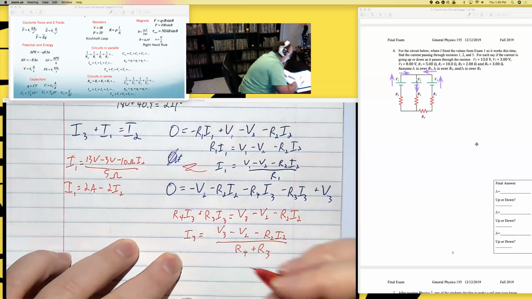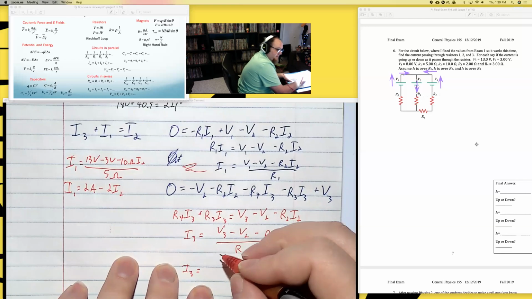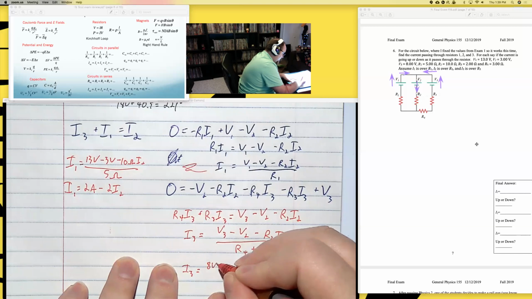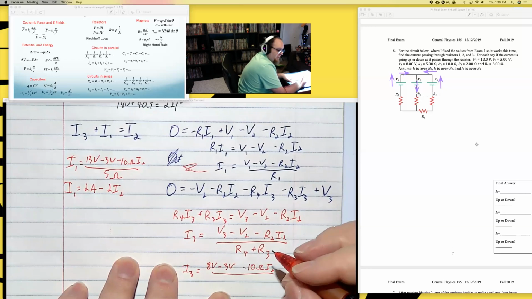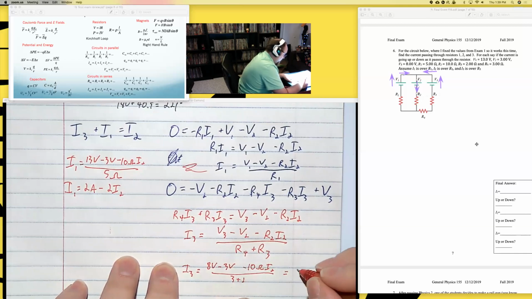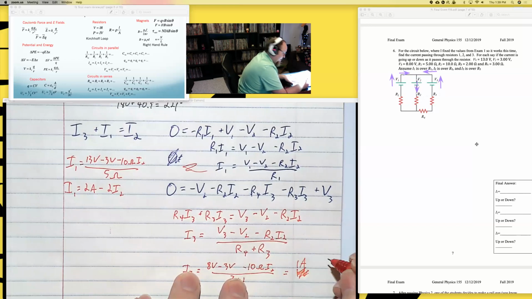And once again, I'm just going to plug in some numbers now to make my life less messy. I put that in a different order. So it's 8 volts minus 3 volts minus 10 ohms I2 over 4 plus 3 is 3 plus 2. So that is going to be 1 amp minus 2 I2.